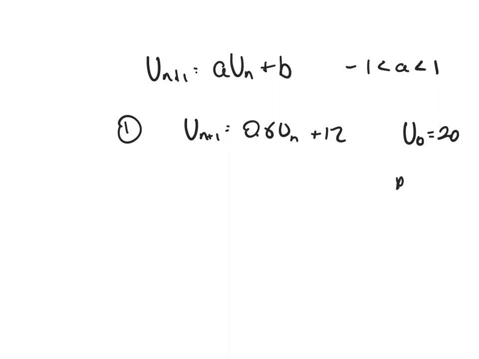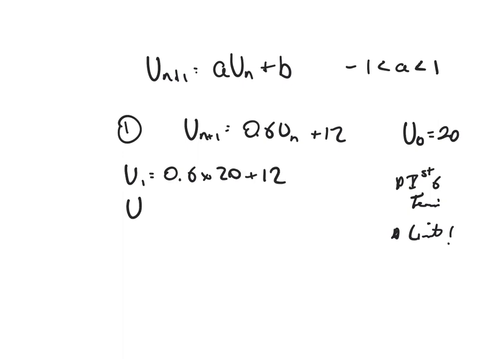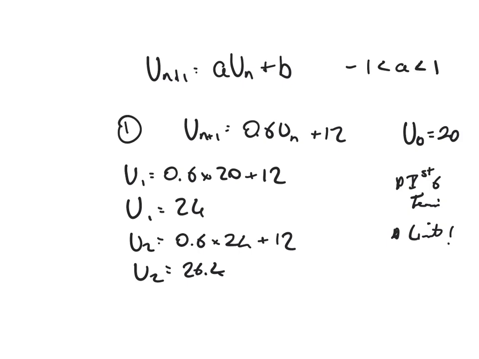So we want the first 6 terms and then we want to find the limit. u1 equals 0.6 lots of u0, which is 20, plus 12, and that will give me 24. u2 then is 0.6 lots of 24 plus 12, and that will give me 26.4. I've shown the working twice, so I can now let the calculator do the rest of the hard work.